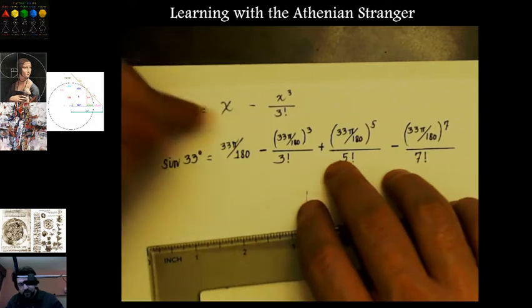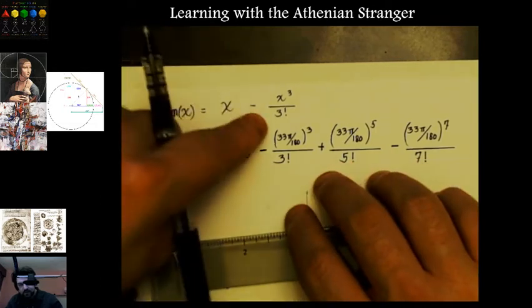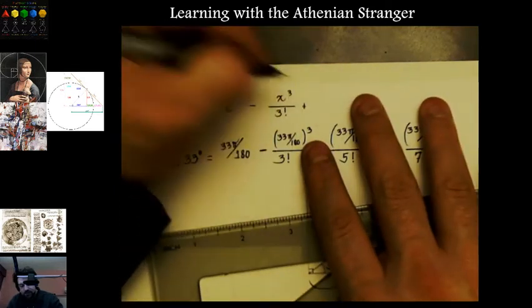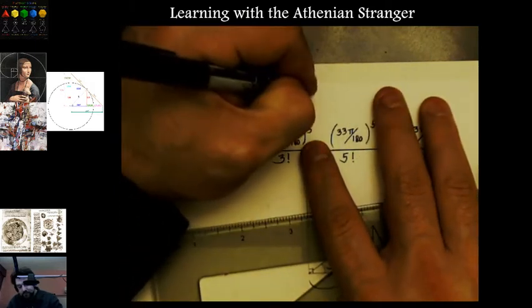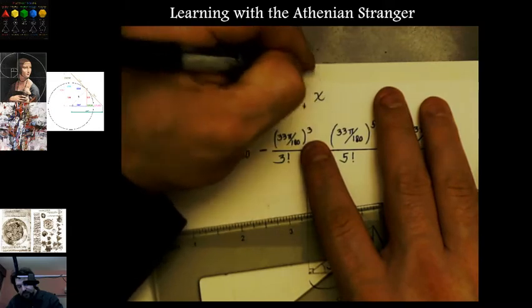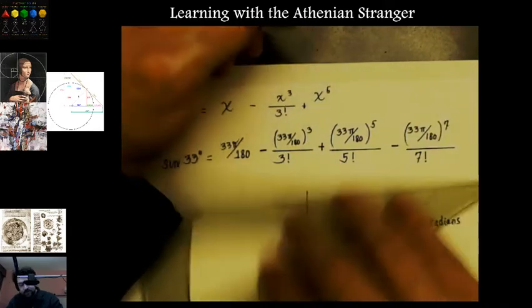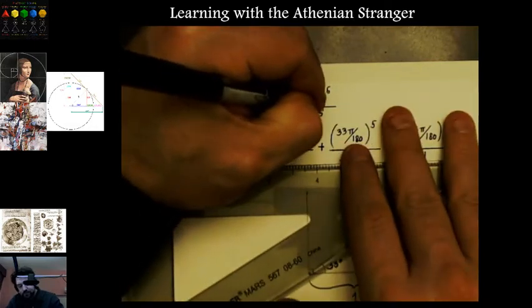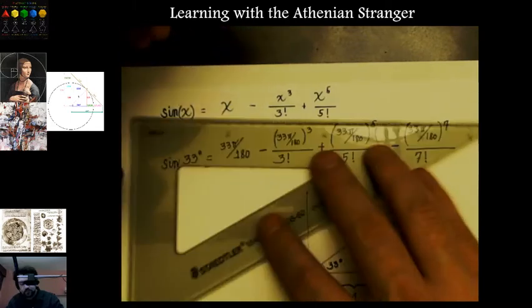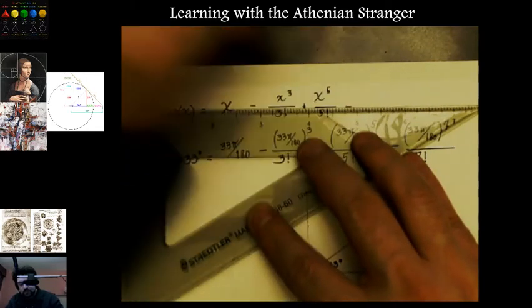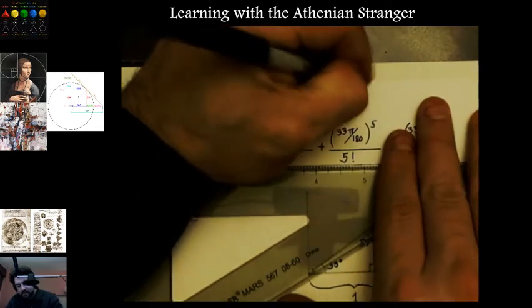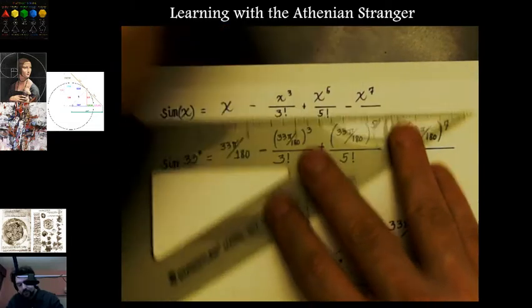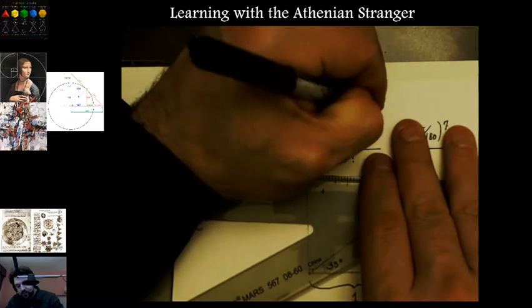So the sine of the angle in radians is x minus x cubed over 3 factorial plus x to the 5th over 5 factorial minus x to the 7th over 7 factorial.